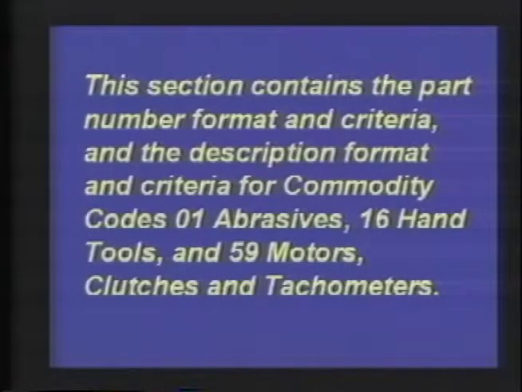So in this case, we're going to show 3 different commodities. Commodity 01 is abrasives, commodity 16 are hand tools, and commodity 59 are motors, clutches, and tachometers.